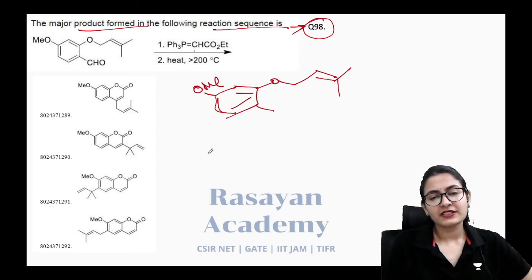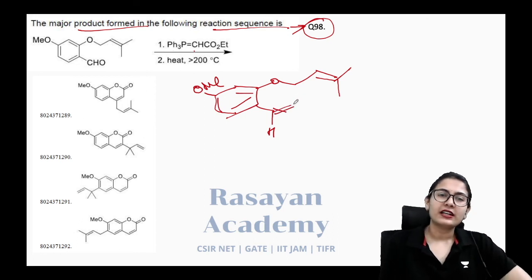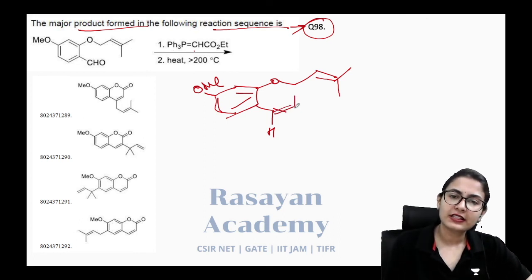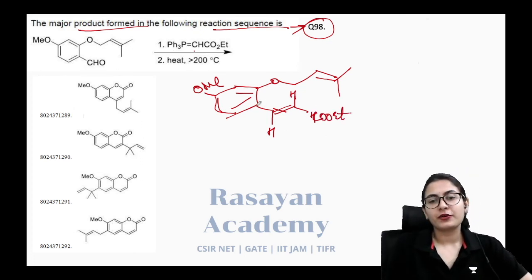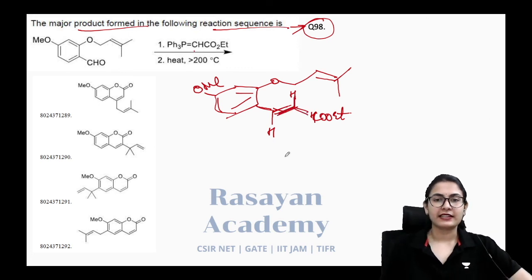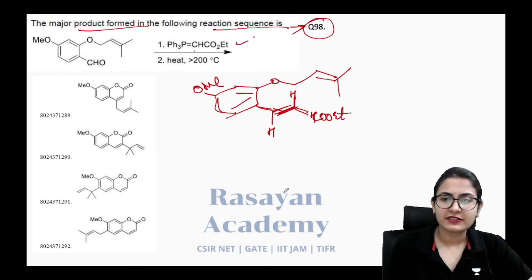You have the ylide, which means you are going to have this CH, this is one hydrogen, this is another hydrogen, this is COOEt. Yes, you're going to have the trans alkene, like this, because of the ylide which is formed.